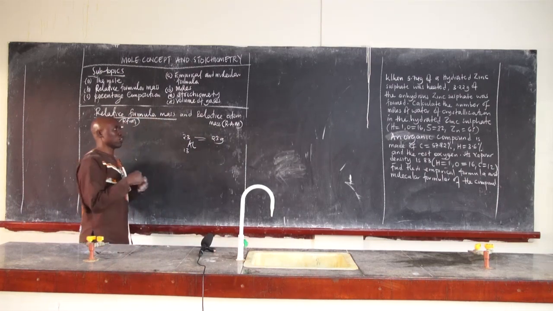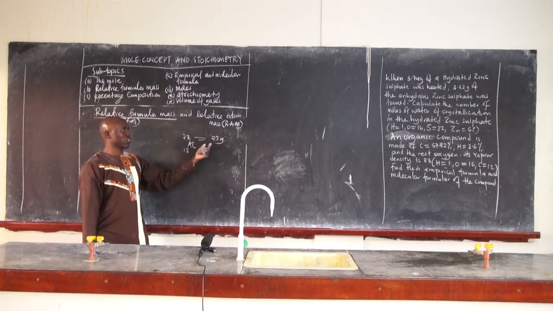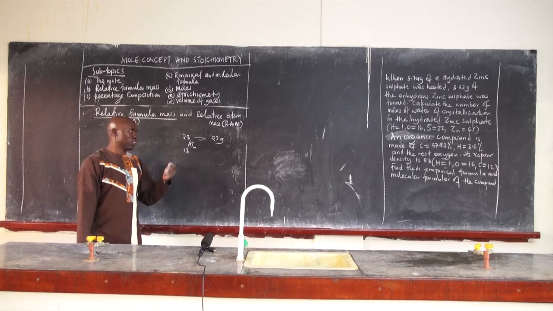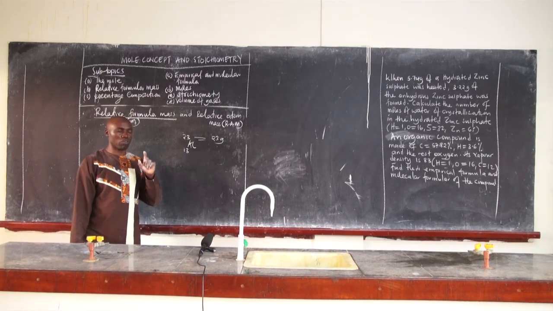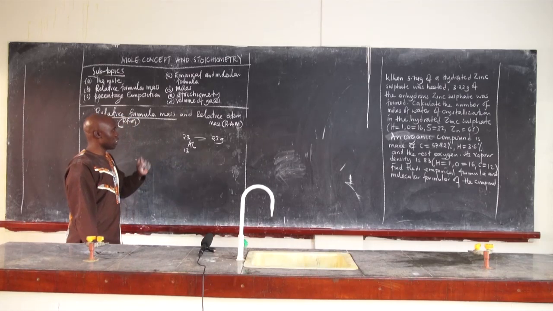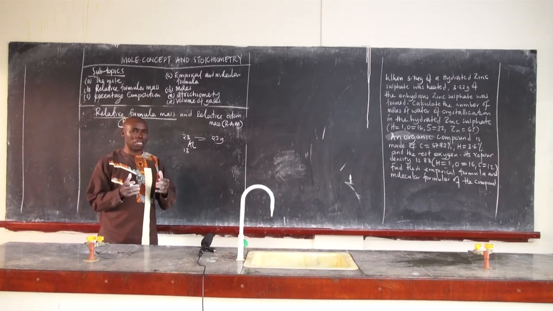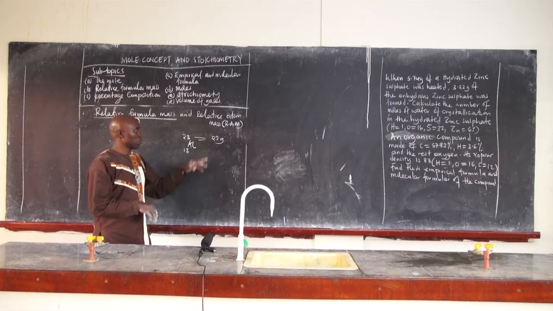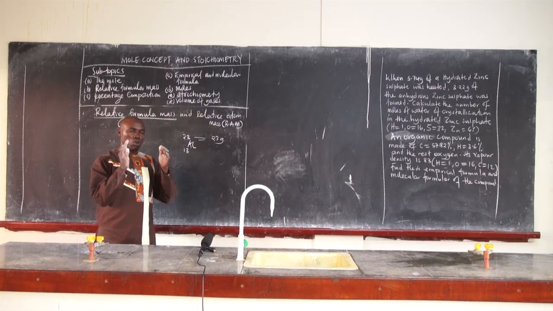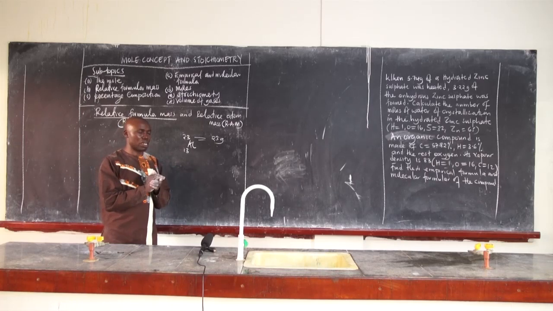Then the relative atomic mass, having the word relative, makes it have no units. So the relative atomic mass is actually equal to the atomic mass of a substance but without units. So what's relative atomic mass? It's just the mass of 1 mole of atoms of an element. Of course, even the atomic mass, 23 grams, is the mass of 1 mole of atoms of an element called aluminium.